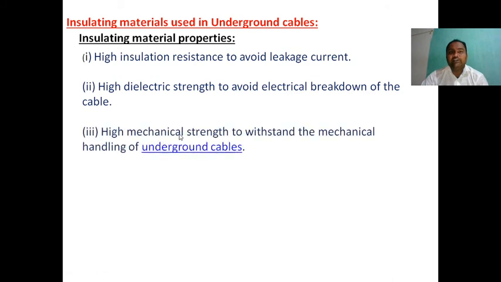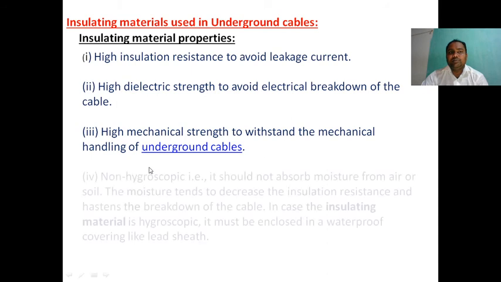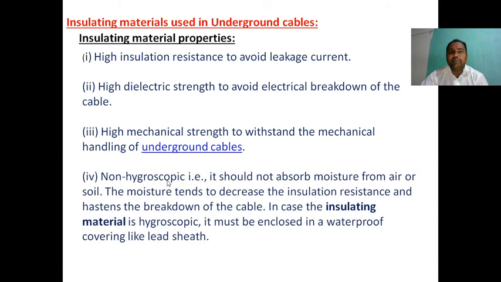High mechanical strength to withstand the mechanical handling of underground cables. Non-hygroscopic: it should not absorb moisture from air or soil. Moisture tends to decrease the insulation resistance and hasten the breakdown of the cable.